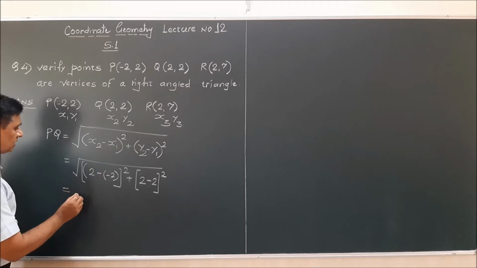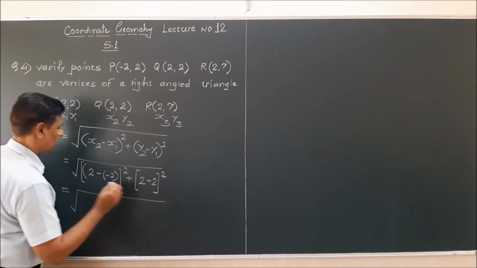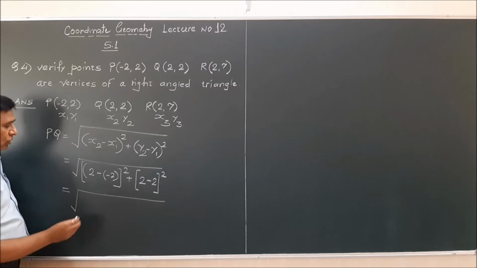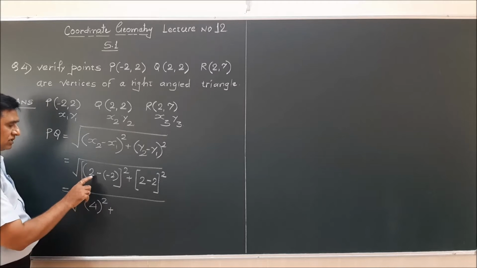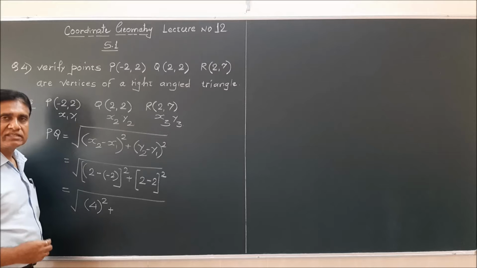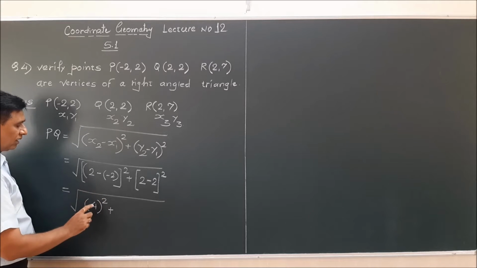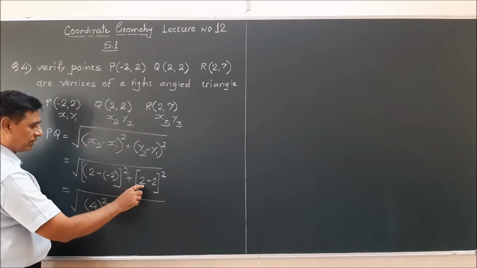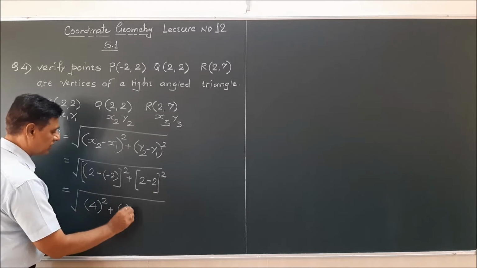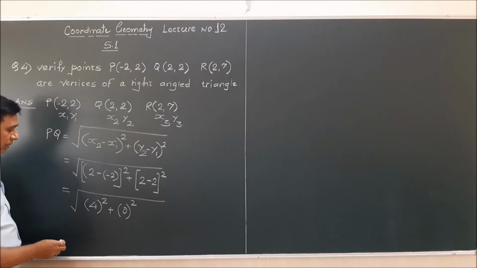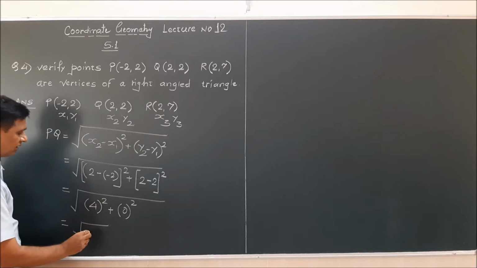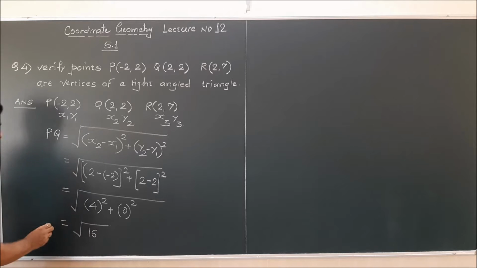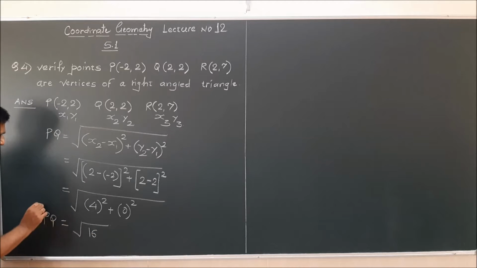Next simplification: 2 plus 2 makes it 4, so I get 4 square. Try to understand, minus into minus makes it plus. Then 2 minus 2 is obviously 0 square. Next, 4 square is 16. So the value of PQ is equal to root 16 units.